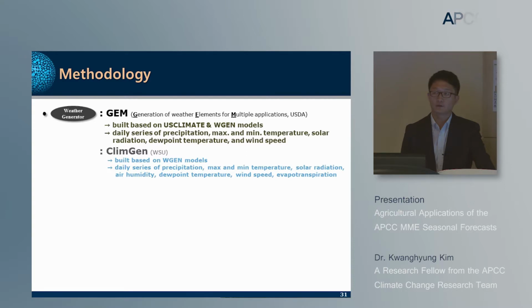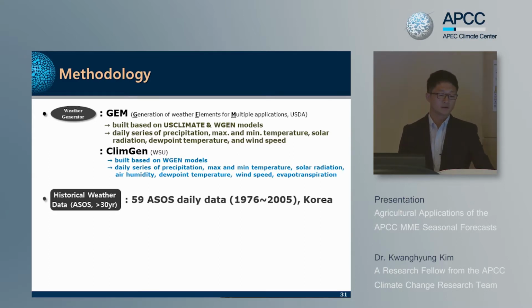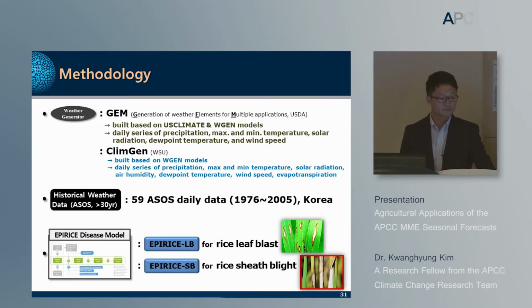Okay, the historical weather data was used from 59 ASOS Korean weather stations, where observed climate data from 1976 to 2005 exist. And this EPIRICE disease model was used for both rice leaf blast and rice sheath blight.